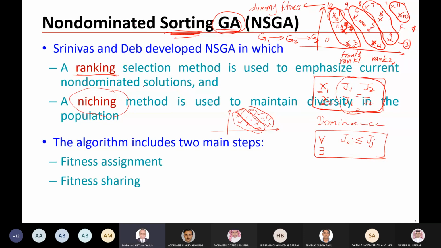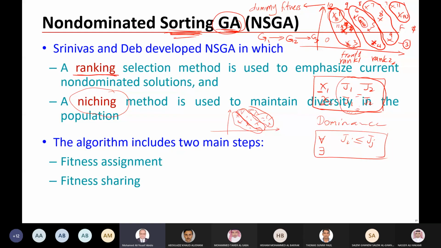You come to the niching method and say, okay, this solution is almost alone, so I will give it a certain sharing value. For these solutions, where you have so many solutions in this area, we will degrade their fitness. Instead of 9, it will be less than 9.